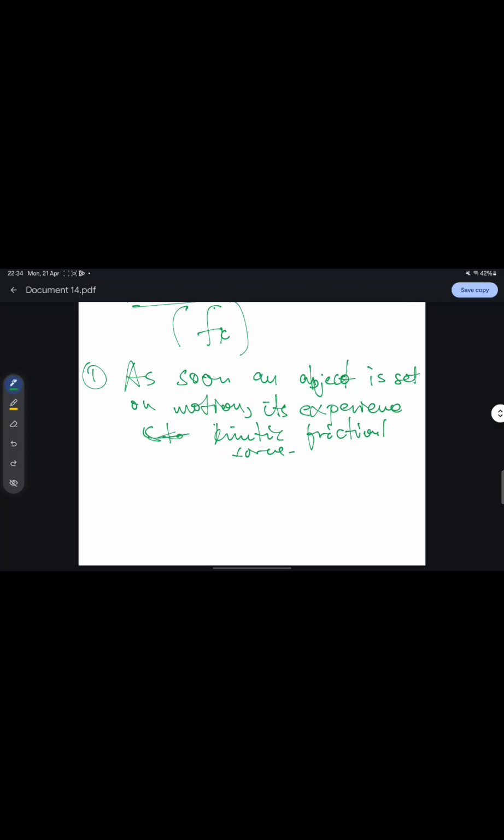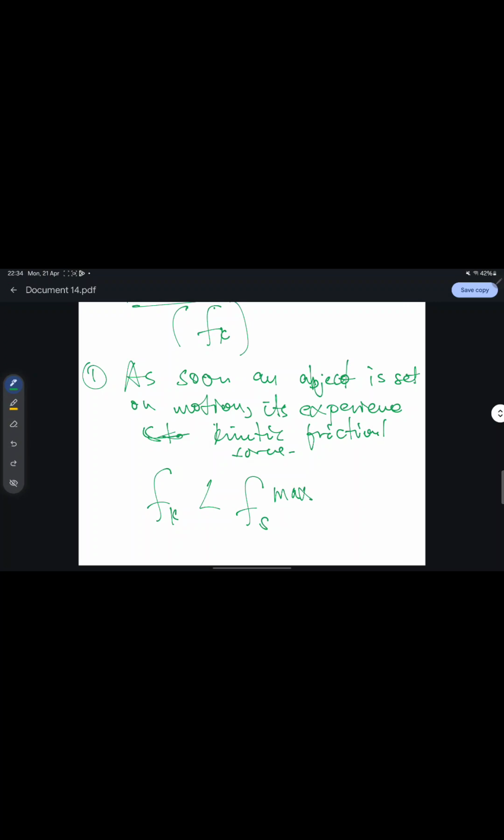That's why I needed a lot of force at the beginning, but once this object starts moving, I won't need much force. I'll just need a smaller force to keep this object moving. So the Fk is smaller than Fs max.